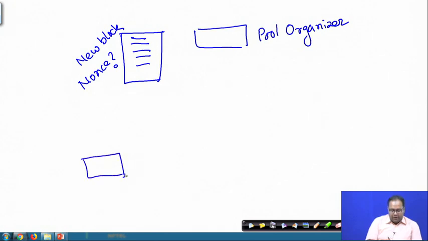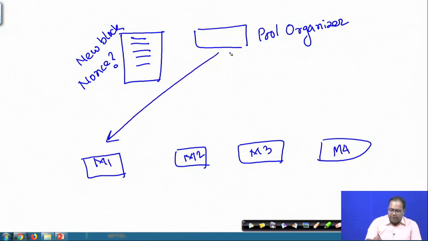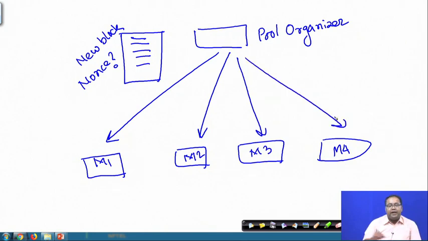Now, there are multiple miners, say M1, M2, M3 and M4. So, the pool organizer informs this new block to all the miners and asks them to find out the hash value corresponding to that.